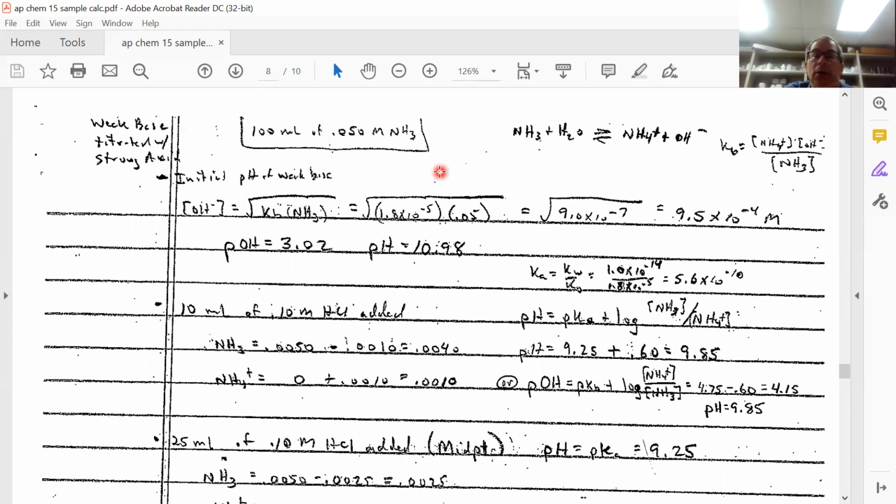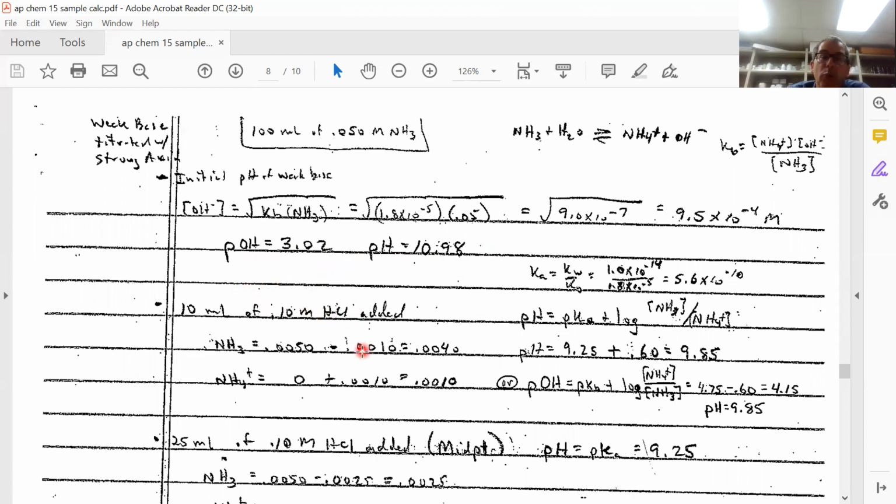Let's do just our weak base, NH3. We know the molarity, we know the Kb value, we take the square root of what we multiply together, and I figure out pOH is 3.02, which would be a pH of 10.98. Let's say I add 10 milliliters of 0.10 molar HCl.